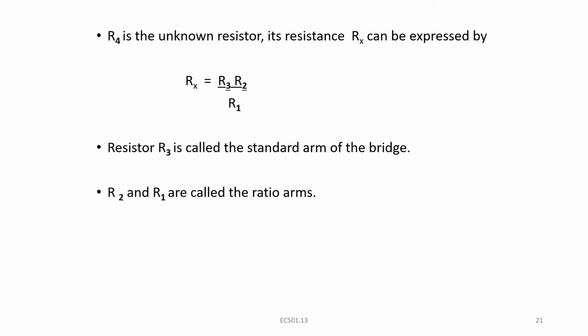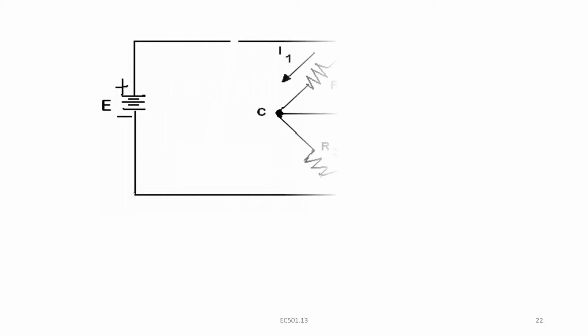R4 is the unknown resistor whose resistance value can be expressed as Rx equal to R2 R3 by R1. As we have already seen, resistor R3 is called the standard arm of the bridge. Resistors R1 and R2 are called the ratio arms of the bridge.